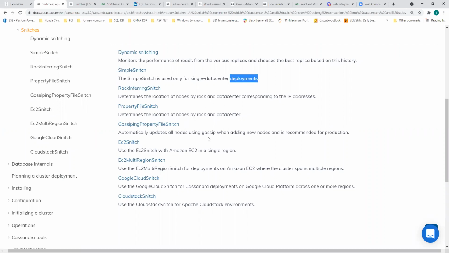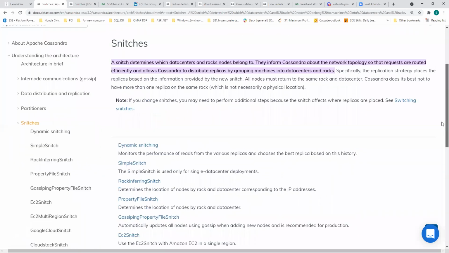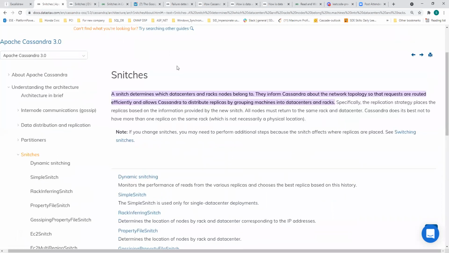And then we have others which are very specific to Amazon EC2, and then something very specific to Google Cloud, or maybe the Apache CloudStack environment, and all that stuff. Okay, so this is what I found about snitches. Any other, anyone wants to add to this?